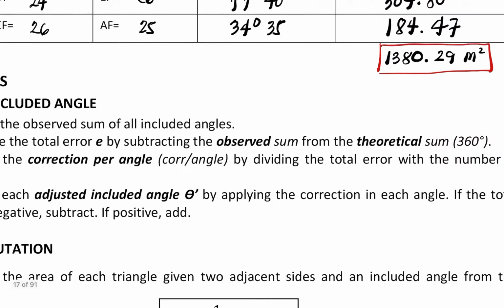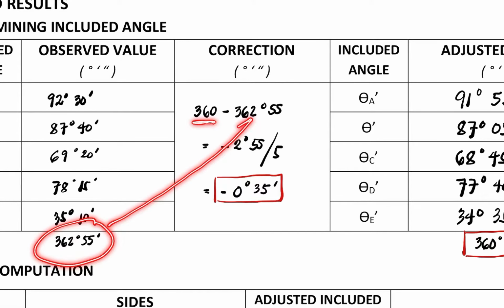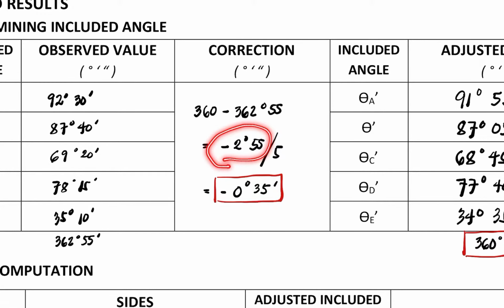Next is to determine the total error from the theoretical sum of all interior angles, that is 360. So 360 minus your total, therefore you have negative 2 degrees 55 minutes.